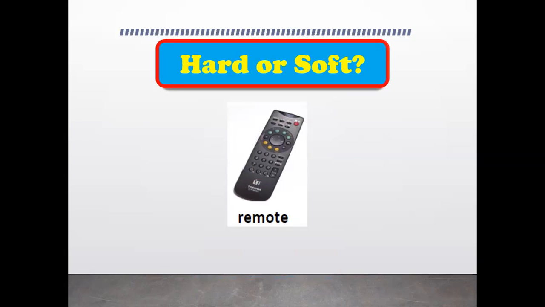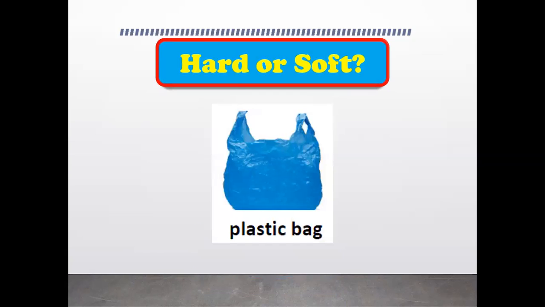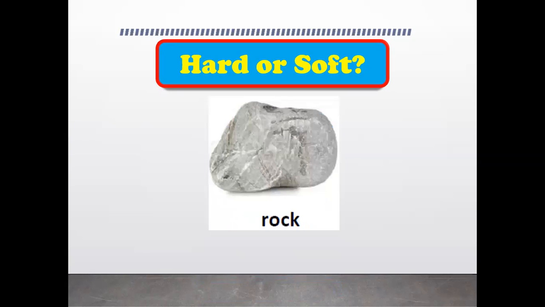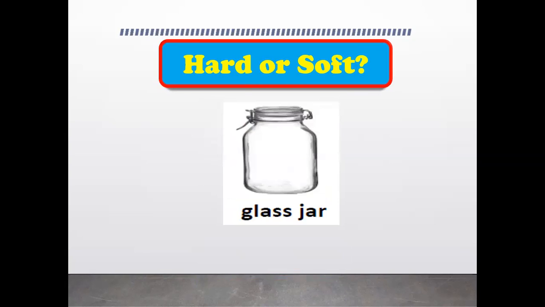No, difficult, so it will be hard. Plastic bag, you can cut it with your hands, so it will be easy, it will be soft, of course. What about the rock? Hard, yes. Glass jar, hard or soft? It will be difficult, so it will be hard.